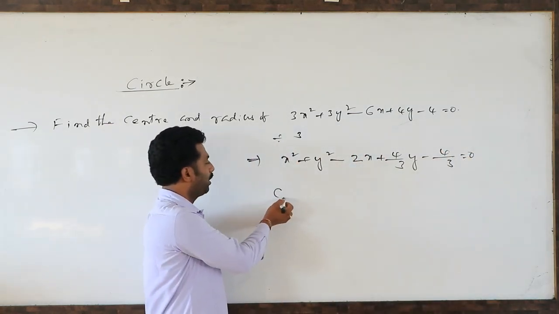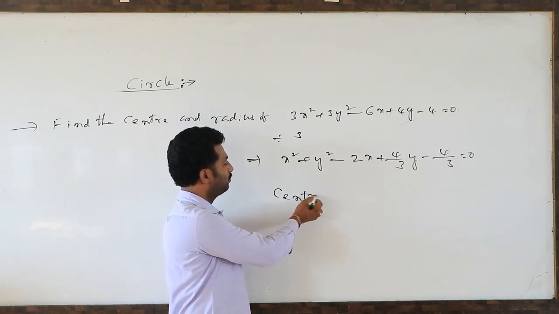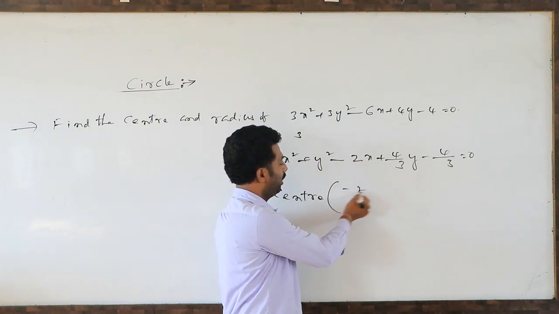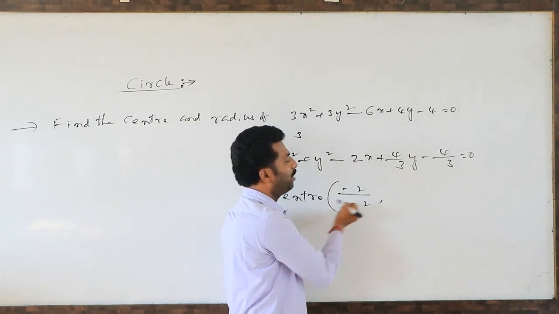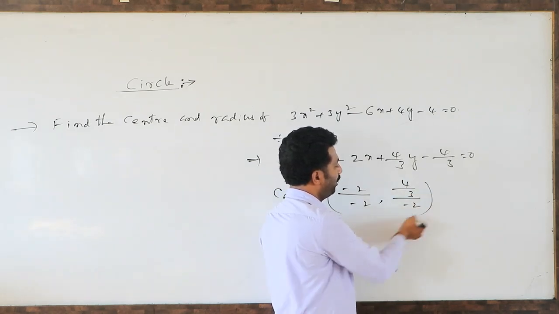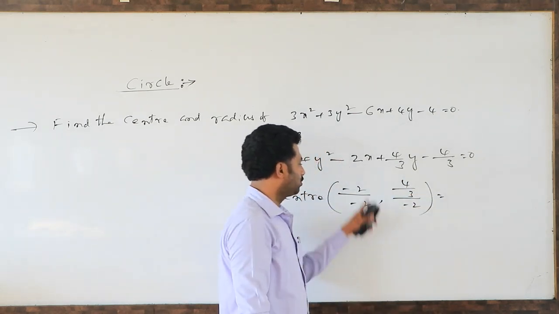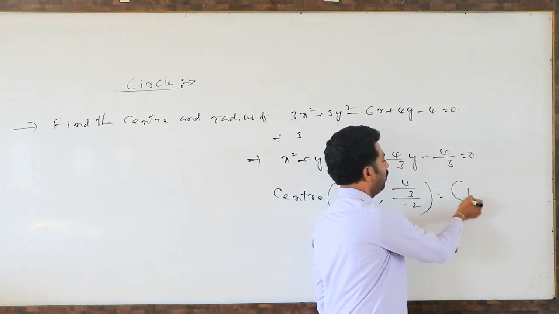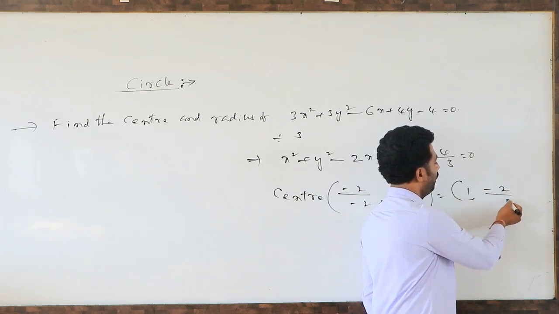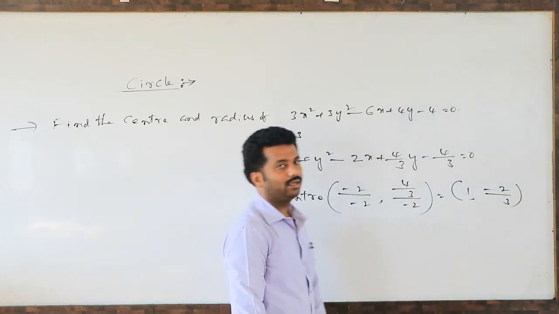So directly you can write the center: coefficient of x, minus 2, divided by minus 2, and coefficient of y, 4 by 3, divided by minus 2. No doubt about it, this is 1, and the minus 2 times cancel. So clearly the center is 1 comma minus 2 divided by 3.